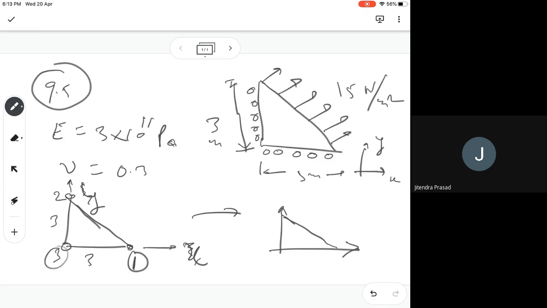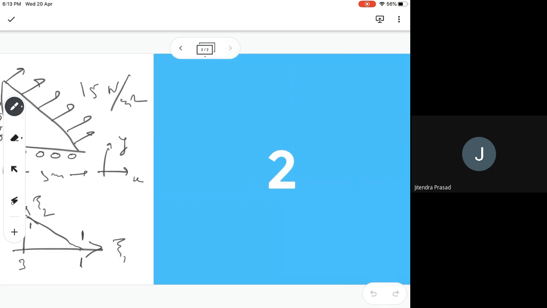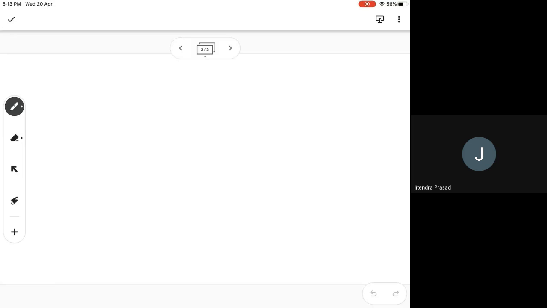So you have node 1 here, node 2 here, node 3 here, in the transformed or the xi1 xi2 system as well, but instead of having 3 here, you have 1 here and 1 here. So you can straight away write it this way.